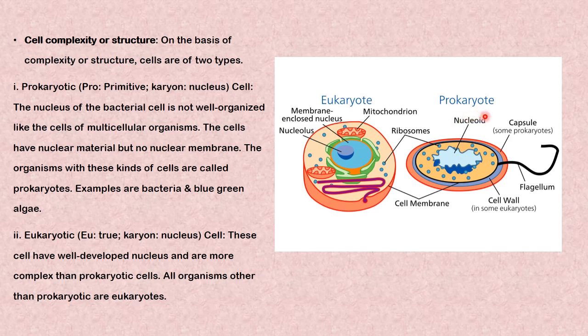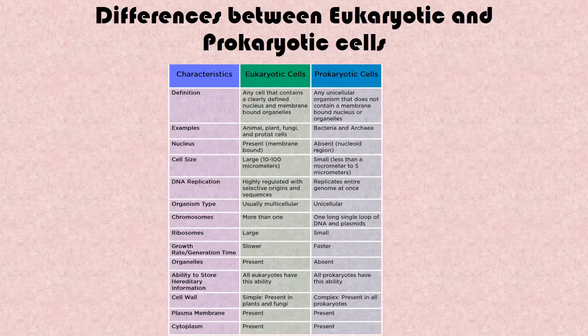But a prokaryotic cell doesn't have a true nucleus. You have its genetic material scattered in the cytoplasm. So it doesn't have other membrane-bound organelles except ribosomes.